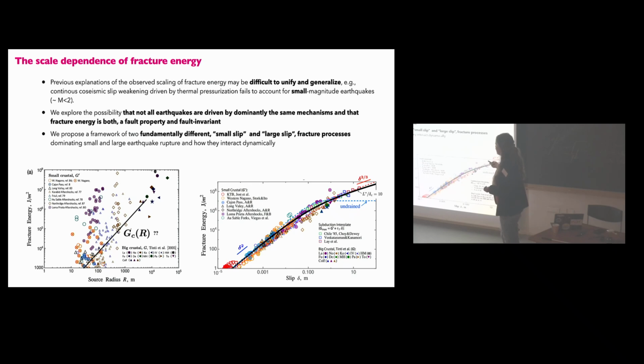So that would mean that you have two fundamentally different fracture processes, a small slip one and a large slip one, that dominate. They're always there, but they dominate either small or large earthquake rupture, and importantly, how they interact dynamically, and how we maybe can explain these earthquake rupture cascades.